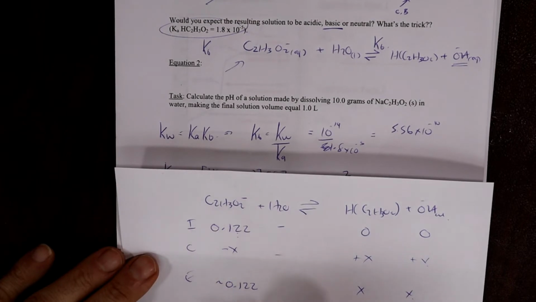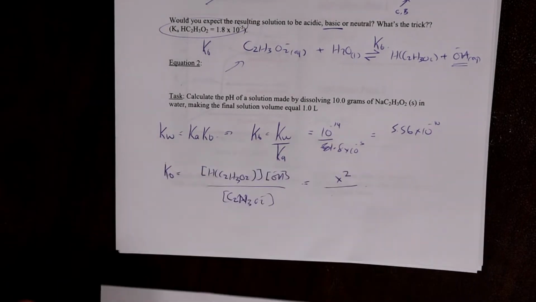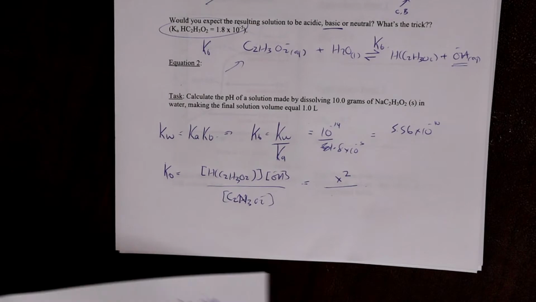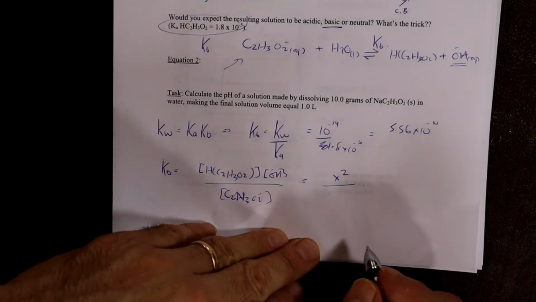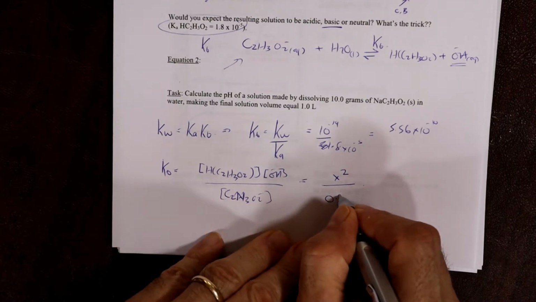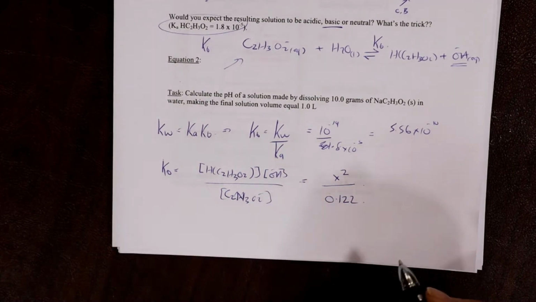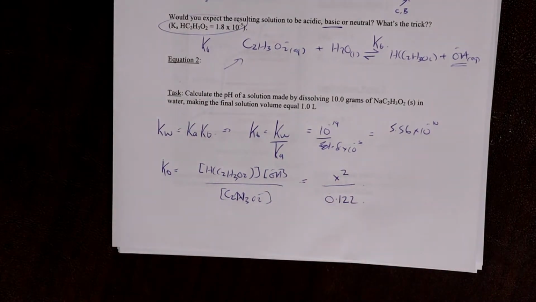Therefore Kb equals products over reactants, which is where we were. So x squared over, remember what I just had, 0.122.